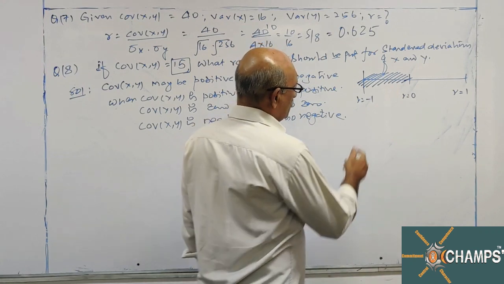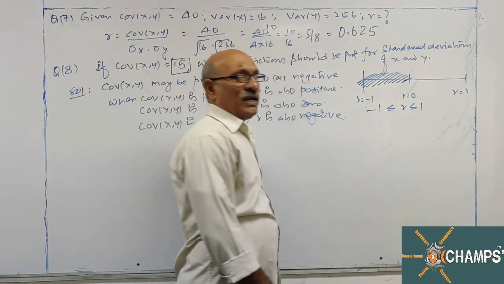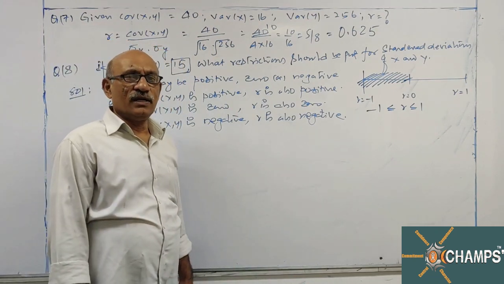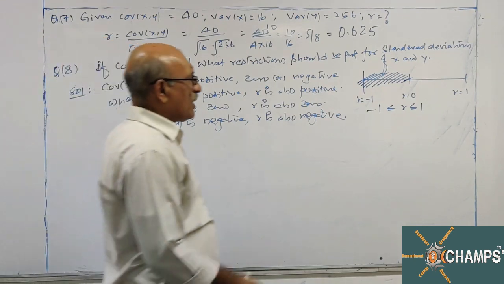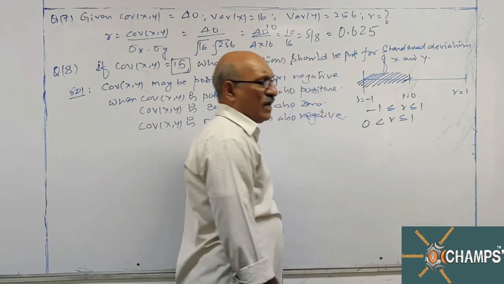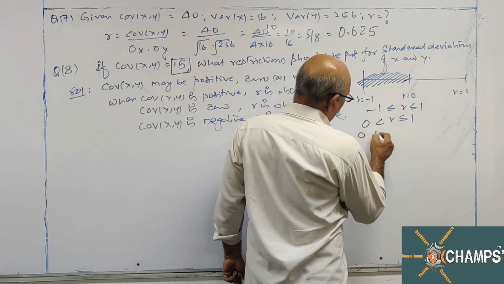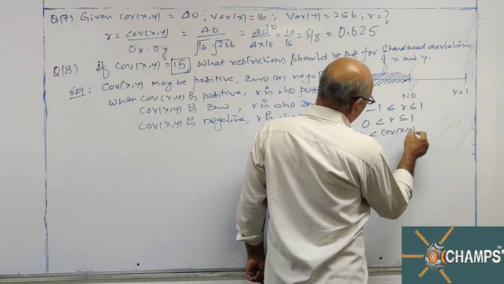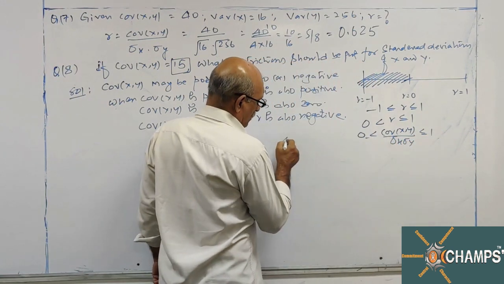What is the original inequality we have? -1 is less than or equal to R, R is less than or equal to 1. From the given information, this inequality is converted into 0 is less than R, R is less than or equal to 1. So 0 is less than covariance of x comma y divided by standard deviation of x into standard deviation of y, less than or equal to 1.